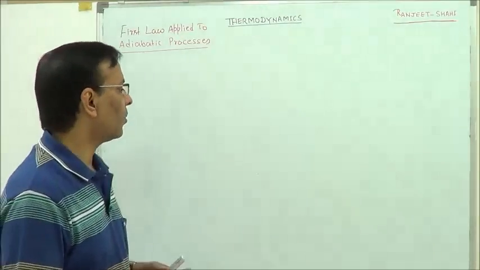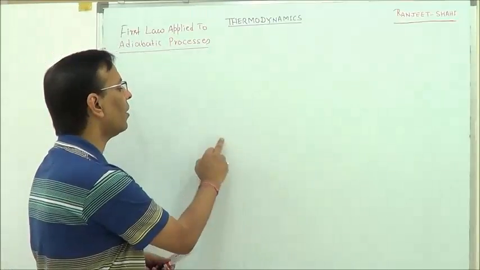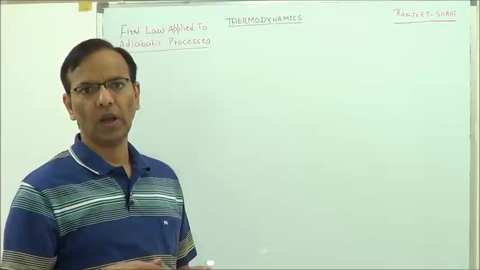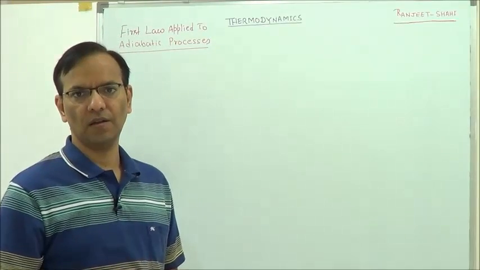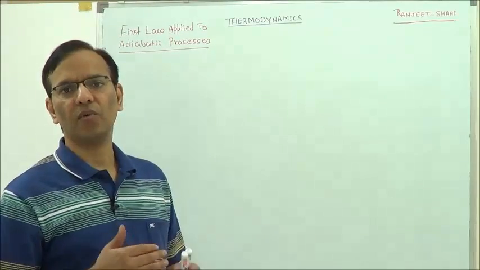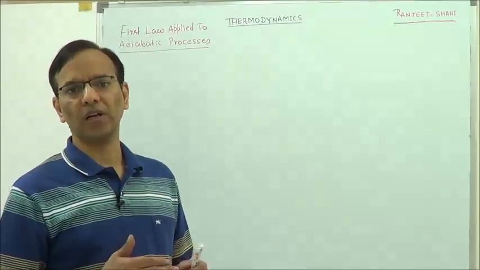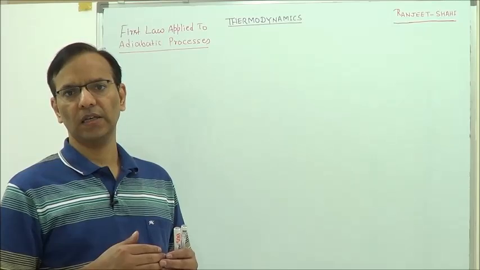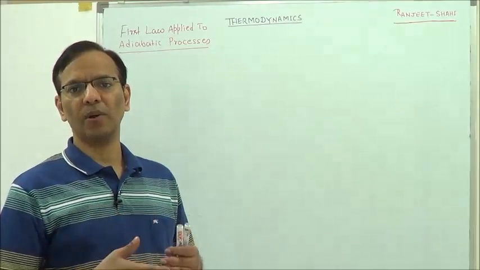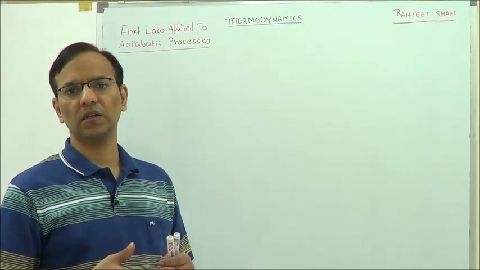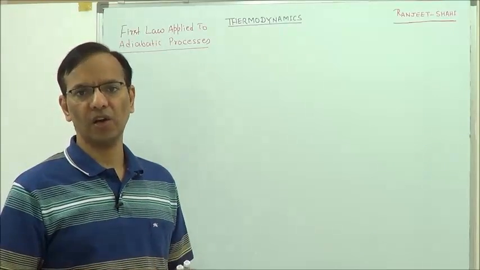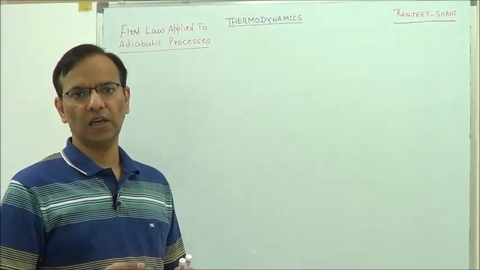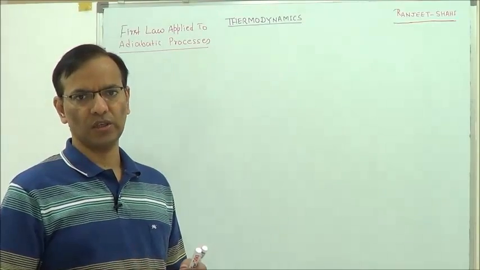An adiabatic process is a process in which exchange of heat between system and surrounding is restricted. Means the system can neither absorb heat from the surrounding nor supply heat to the surrounding. So we say that the heat of the system is constant.